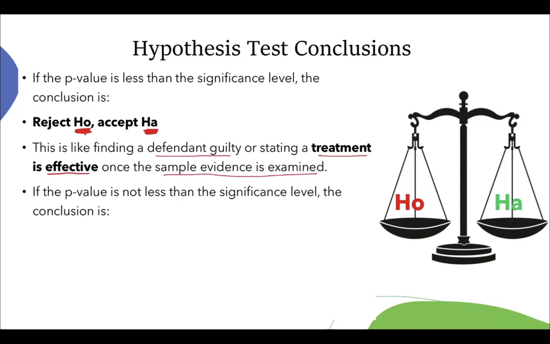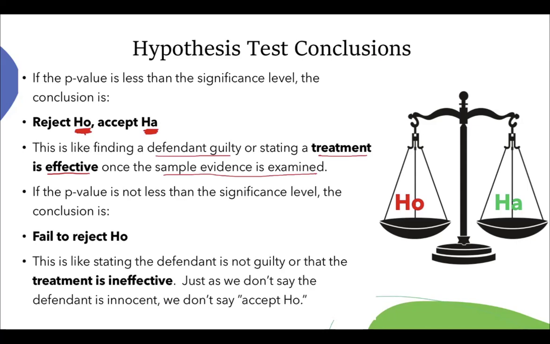If the p-value is not less than the significance level, the conclusion is fail to reject H0, fail to reject the null hypothesis. You don't have strong sample evidence in this case. This is like stating that the defendant is not guilty. You've gone through the trial, you've looked at the evidence, it seemed weak, so the defendant is not guilty. You have failed to reject what you stated in the null hypothesis, which was that the defendant was innocent.